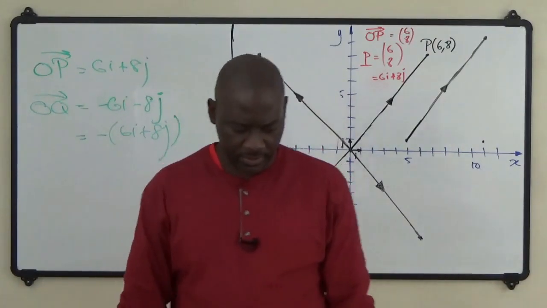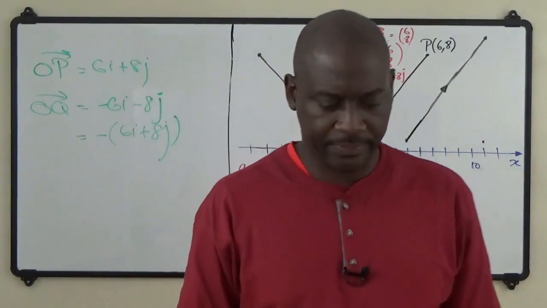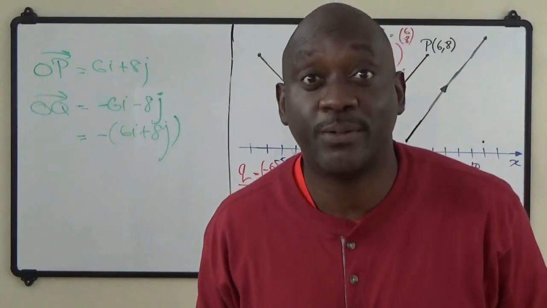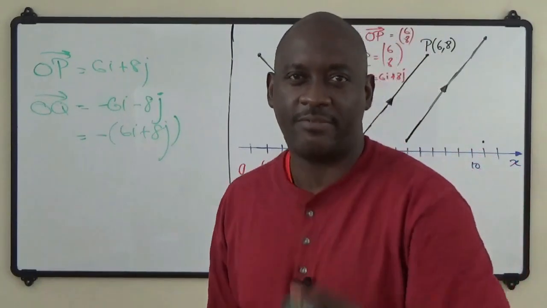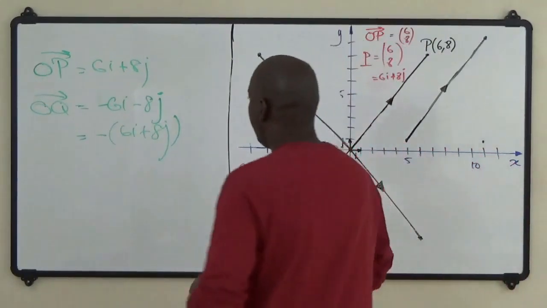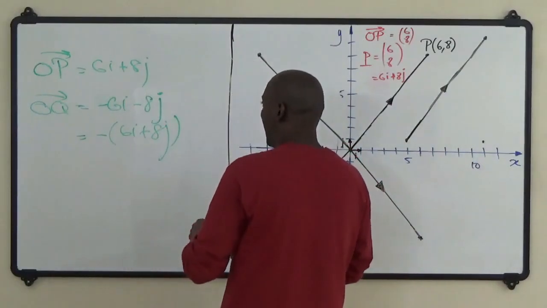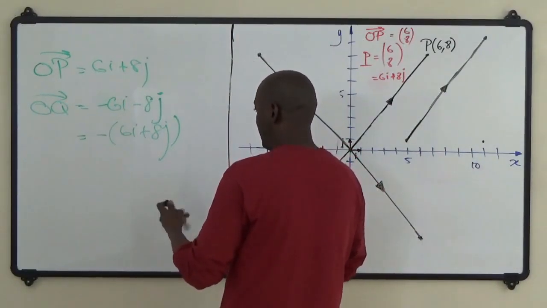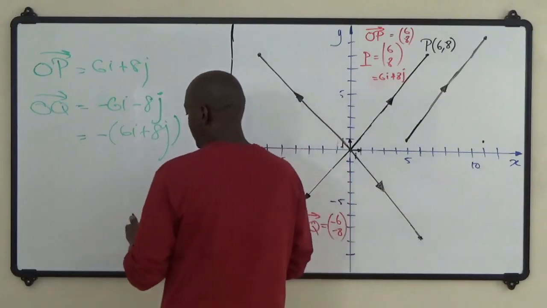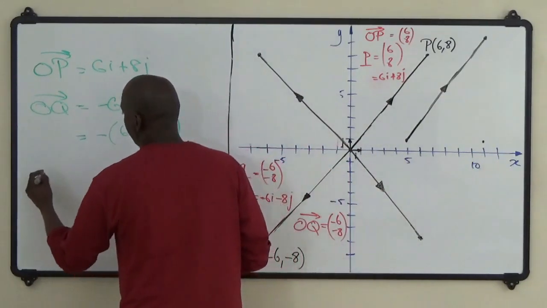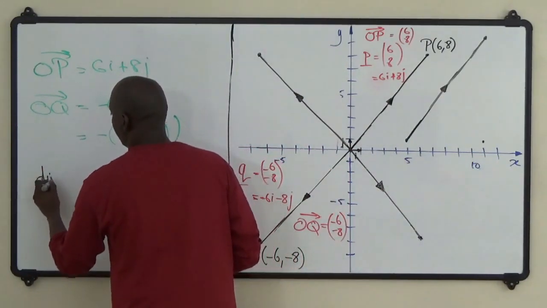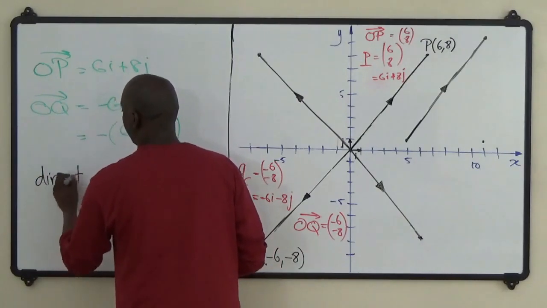Sometimes I like to use big words. But I will indulge myself for 5 minutes here. This vector here is what I would call, and watch the language now, maybe I could call it the directional reciprocal. Woo, that sounds good, eh?